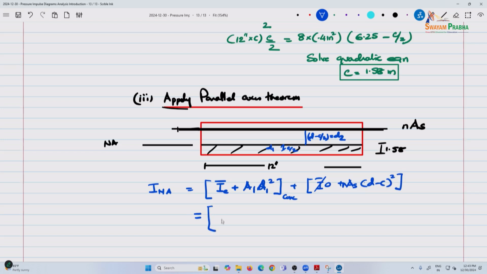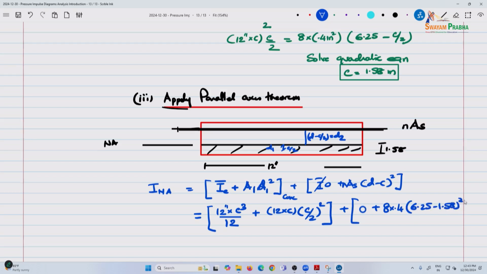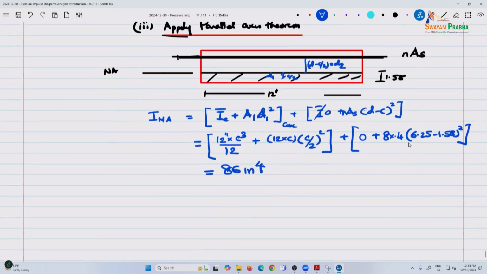So this is 12 inches multiplied by C cubed by 12, plus 12 times C multiplied by (C by 2) squared, plus 0, plus 8 times 0.4 times 6.25, and we know all these numbers come to 86. Again, if you have any questions, don't hesitate to ask.